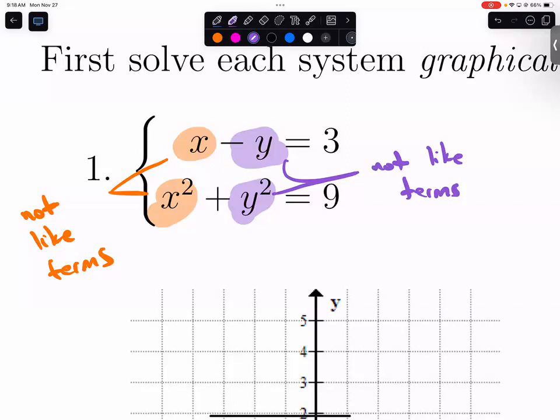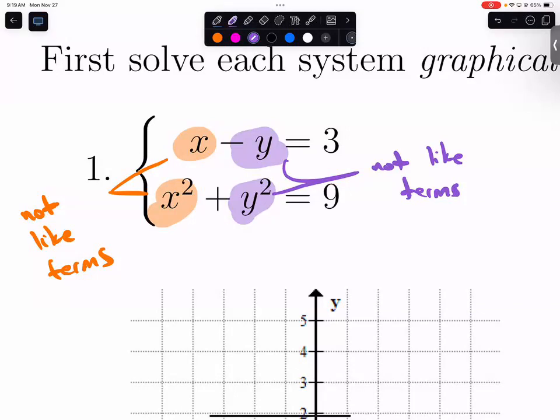So yes, partly it feels like it's going to go better, but then you also get this weird mixed term that's going to be hard to deal with later. But also in doing that, you're changing something fundamental about what it is, right? Right now, the top equation is a line, a straight line. If I square the thing, now it's a circle or something maybe, right? So that's going to change how these things interact and how they fit together.